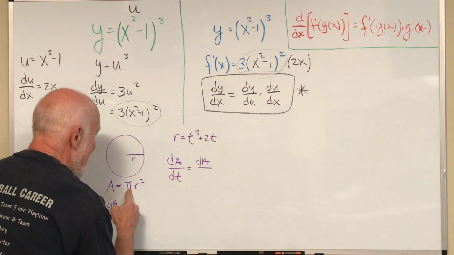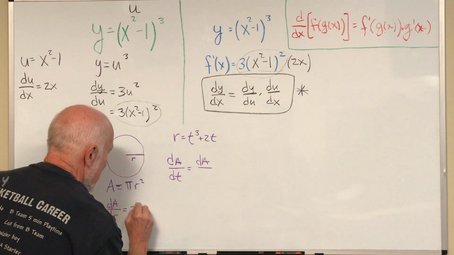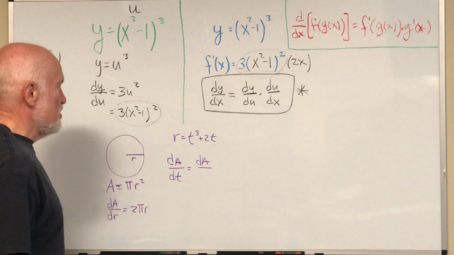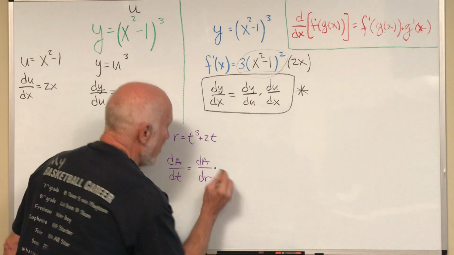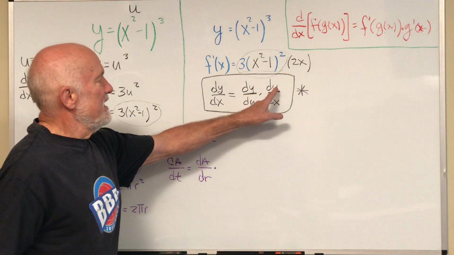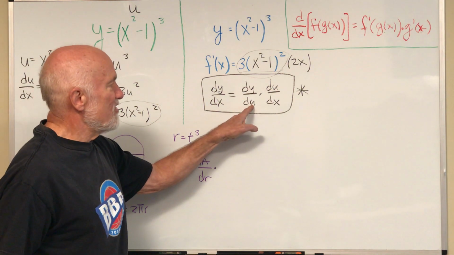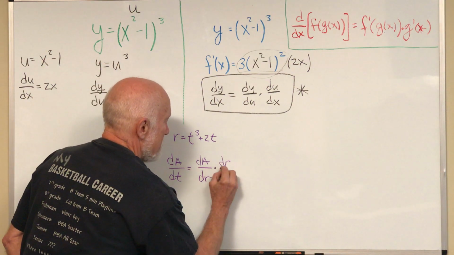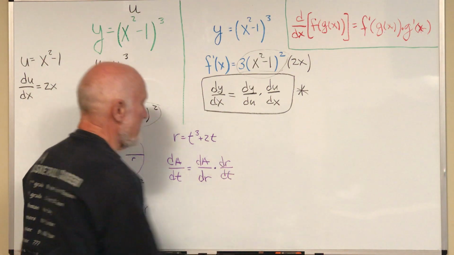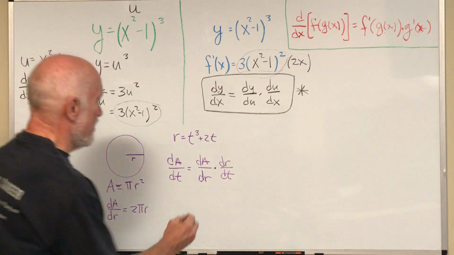It's pi times 2r. That was pretty easy to do. So I want to go dA dr and then multiply by, we're calling this r, so dr dt. That is the other form of the chain rule.